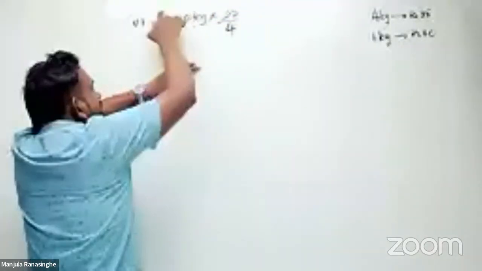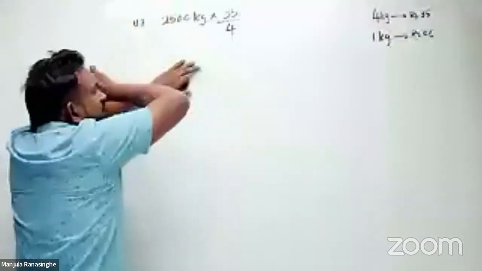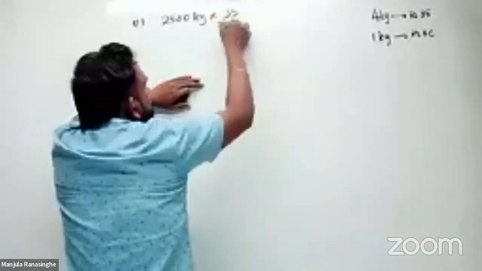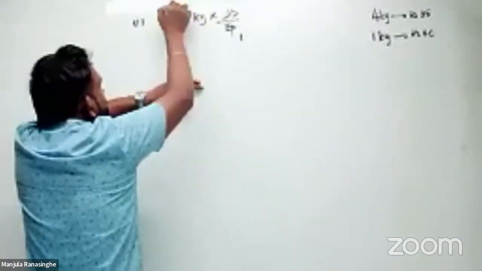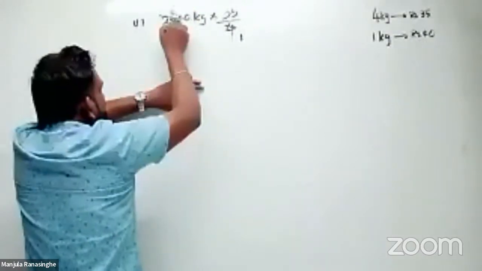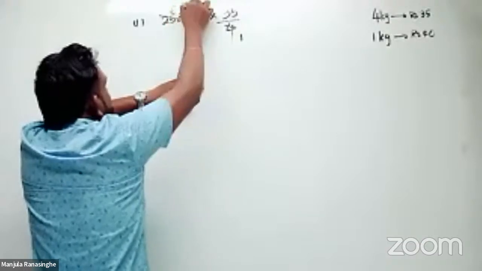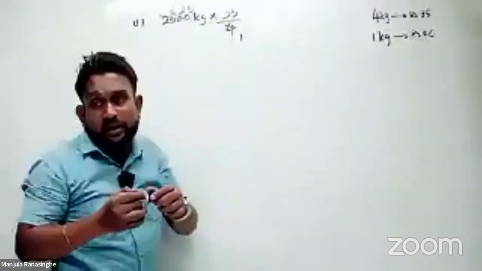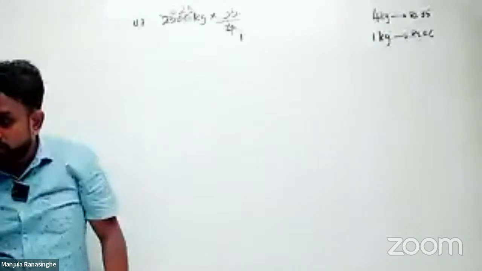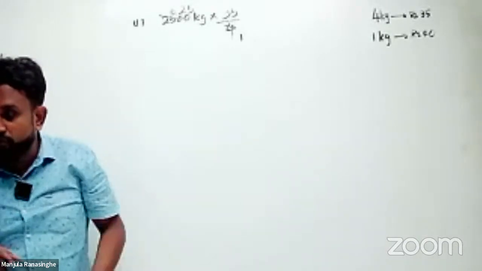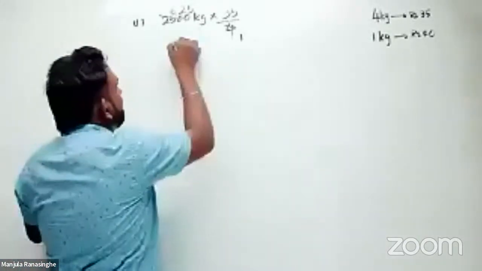So such 2,500 kilograms being sold. Now simplify. 625 into 35, 625 into 35, then that gives you 21,875 rupees.